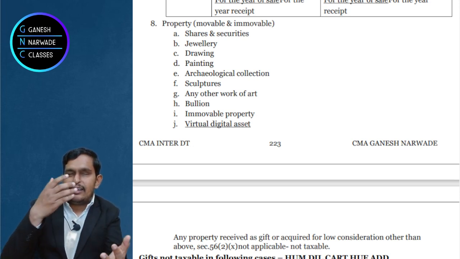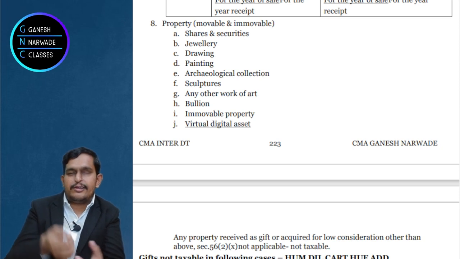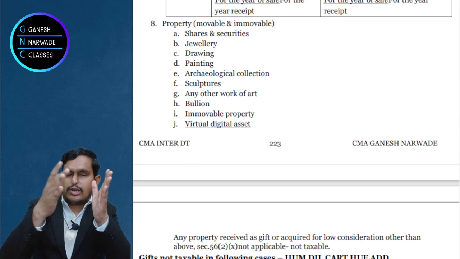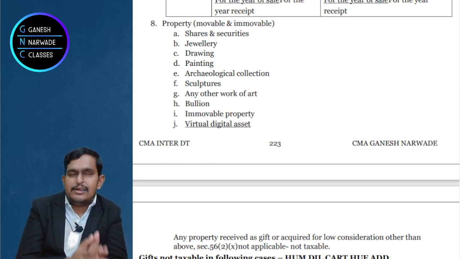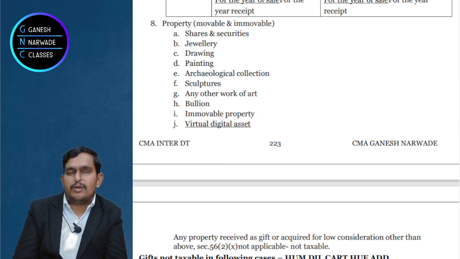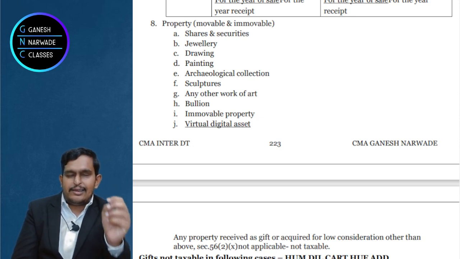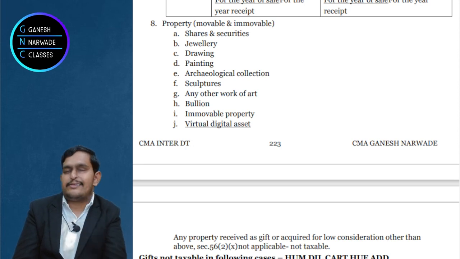When the receiver is not taxed under other sources and did not pay a single rupee of consideration, then the previous owner's period will be considered to decide whether the asset is long term or short term. Otherwise, only the receiver of the gift's own period of holding is checked.